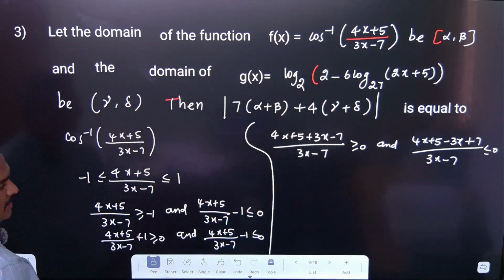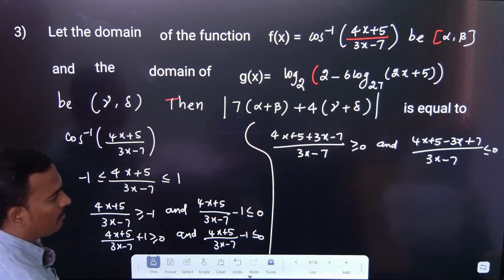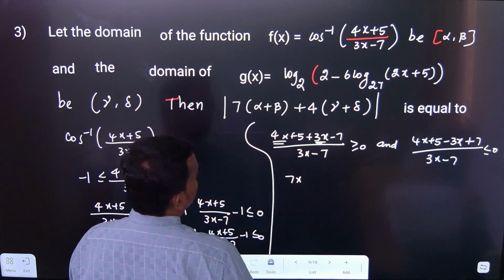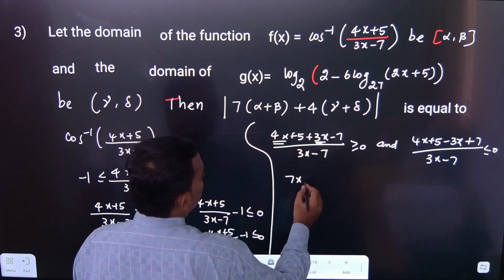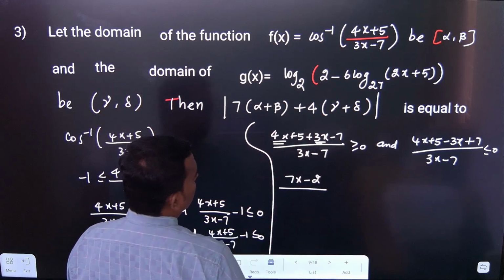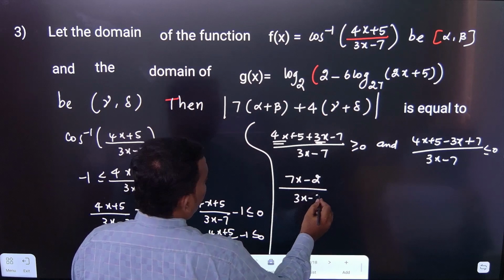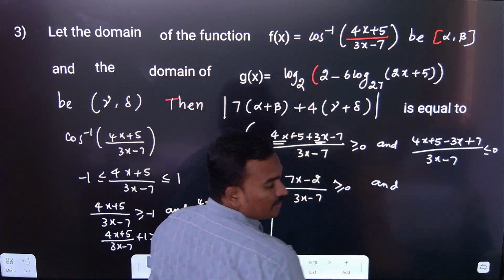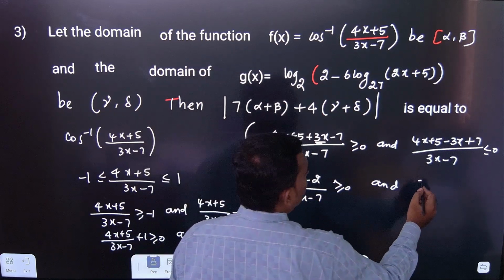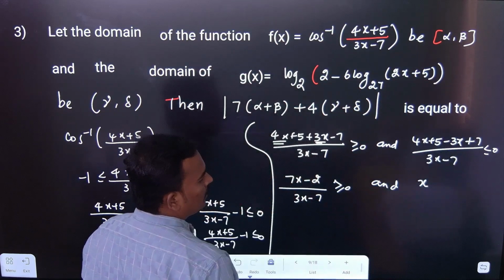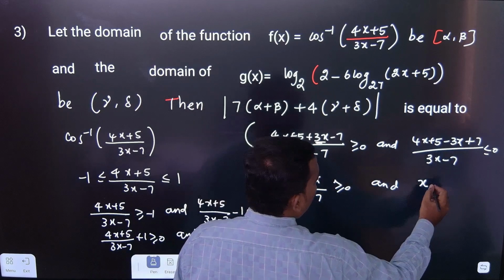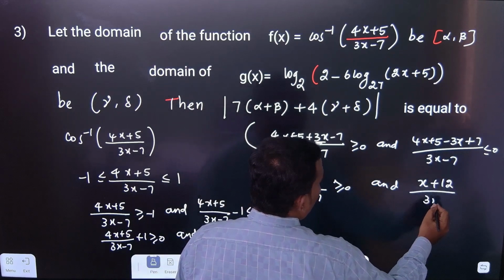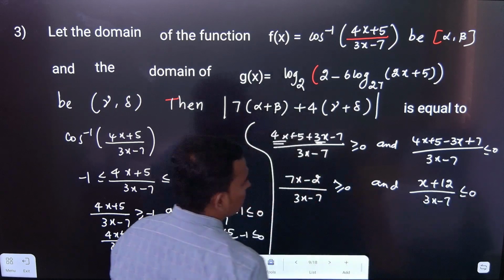Whenever the constant on the right side is sent to the left side, take the LCM. So here 4x plus 3x is 7x, 5 minus 7 is minus 2, divided by (3x minus 7) is greater than or equal to 0. And here 4x minus 3x is x, 5 plus 7 is 12, so (x plus 12) divided by (3x minus 7) is less than or equal to 0.